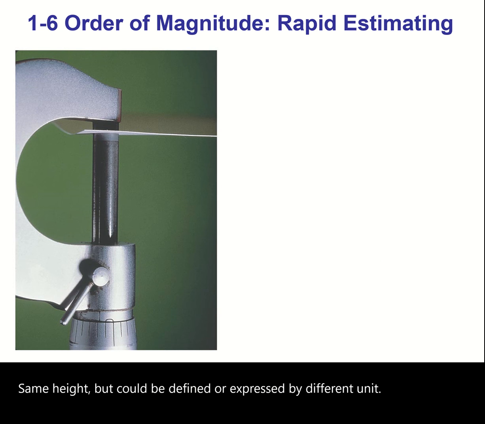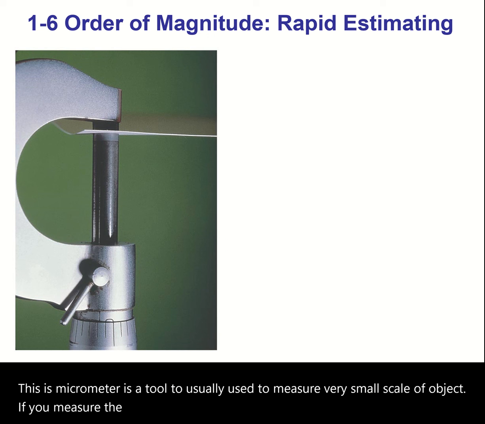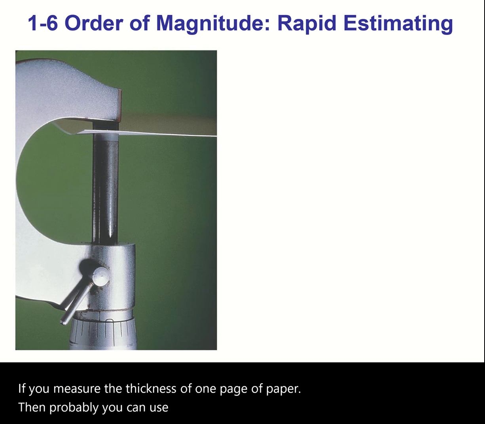Likewise, this is a micrometer, a tool usually used to measure very small objects. If you measure the thickness of one page of paper, then probably you can use the micrometer.